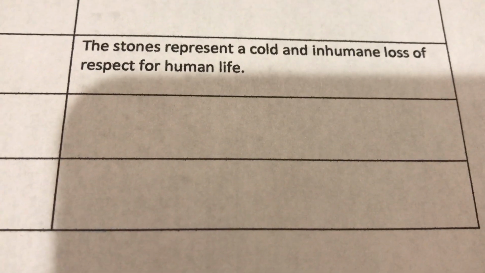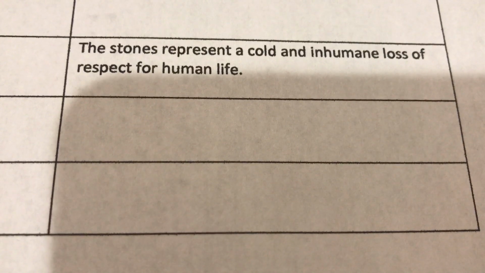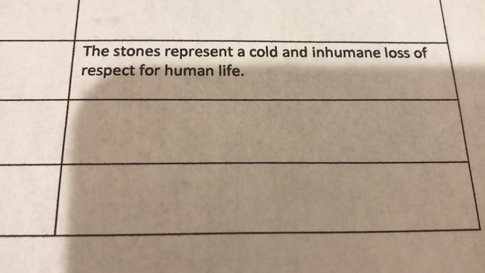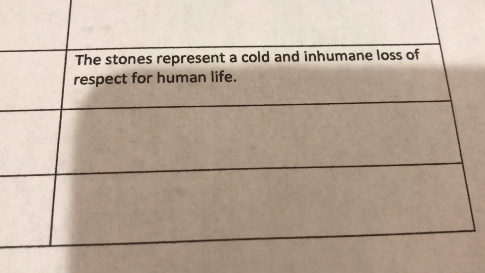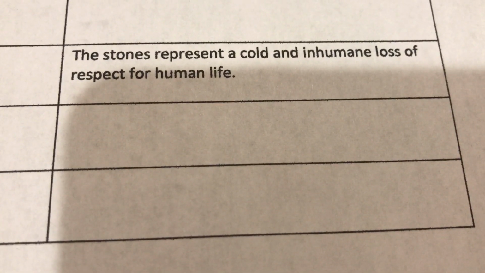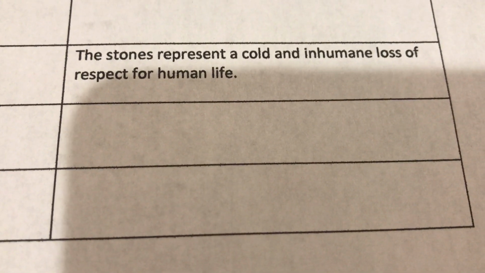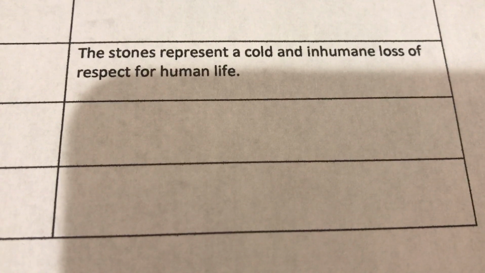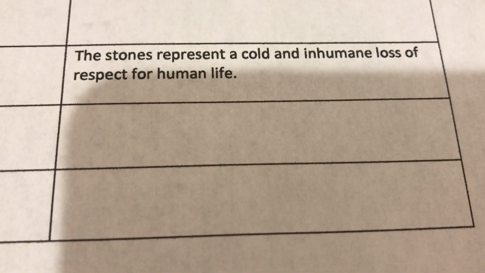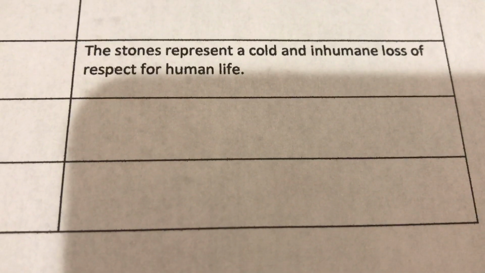Okay, so when you're looking for symbolism, you're trying to find a description of something and then see if you can make it match anything else that happens in the story, that it's symbolic for something. So like the black box is shabby. They describe it as being chipped away and that people haven't really taken care of it. So there's a description of the black box in there. Think about how they treat the people who win the lottery.